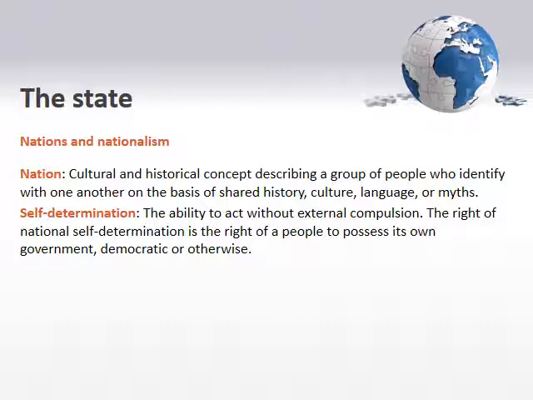Now, we know that people who immigrated to the United States came from a lot of cultural and linguistic backgrounds. That's one of the reasons why we have a hyphenated notion of nationality in the United States, right? Irish Americans, Asian Americans, Chinese Americans, African Americans.